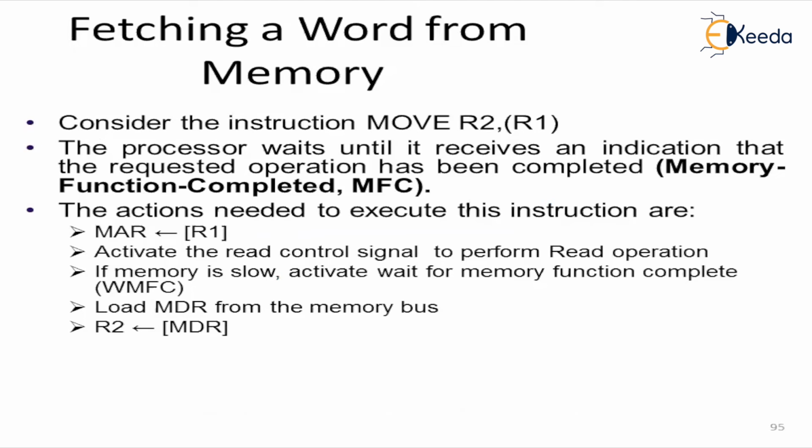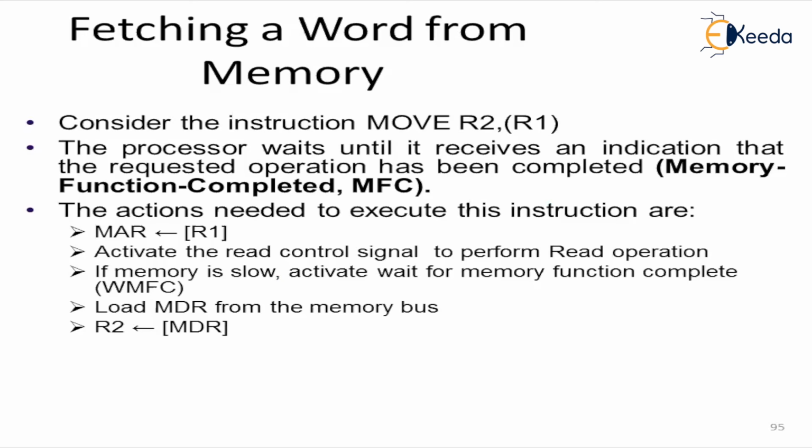Fetching a word from memory. Consider the instruction move R2, R1. Here R1 is in brackets, so it is an indirect mode. The processor waits until it receives an indication that the requested operation has been completed, memory function completed, that is MFC. The action needed to execute the instruction is the memory address register.